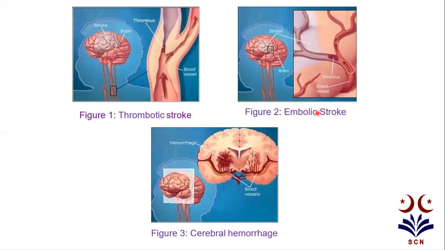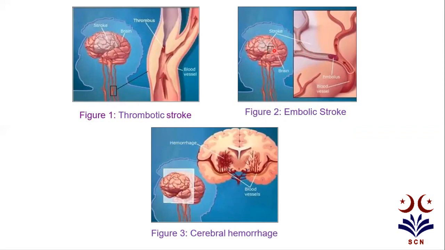Then there is the embolic stroke. So what is that? In embolic stroke, there is an embolus formation. This is the embolus. An embolus can be an air embolus or a fat embolus. It obstructs the blood vessel over here, and there is no blood supply going to the area distal to that.